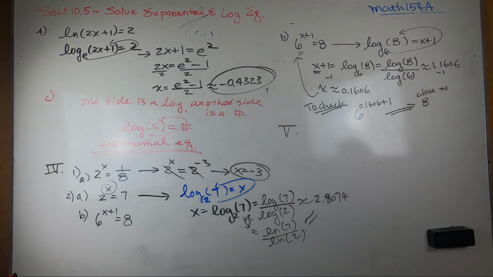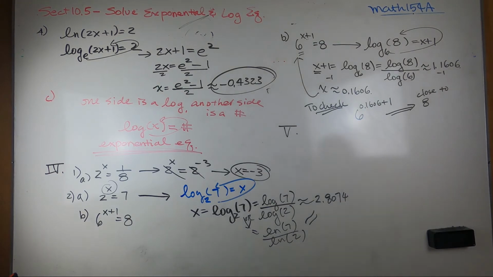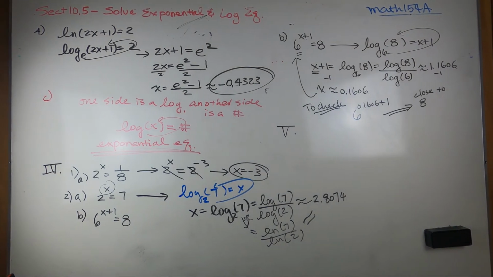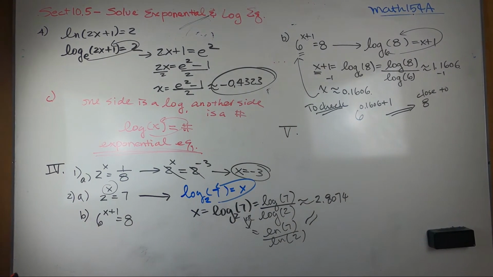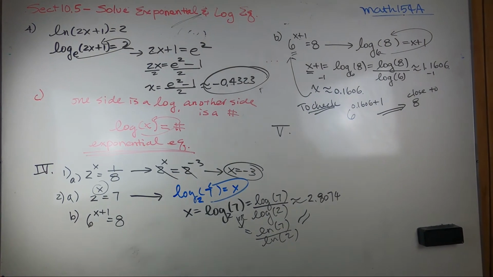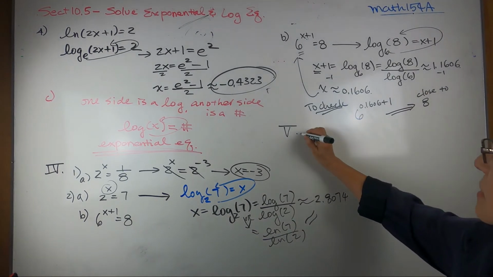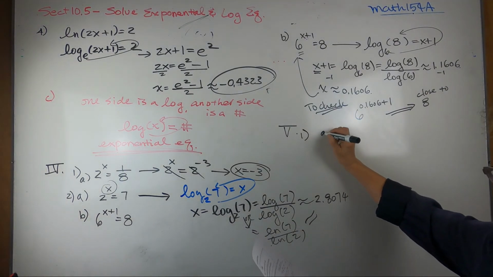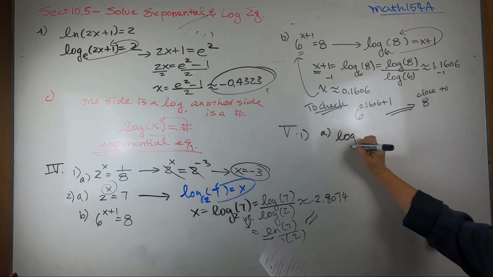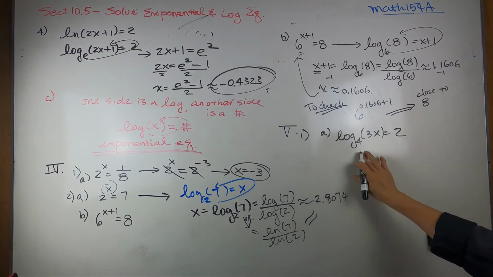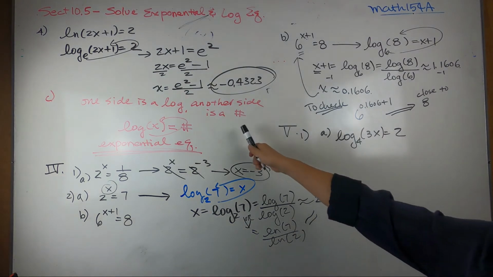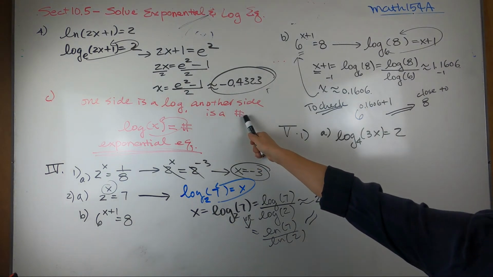Then let's see, how do we solve more complicated log equations? See if we can figure it out. Okay, so let's take a look. First one, this is still basic. Just a single log, another side is a number, right?